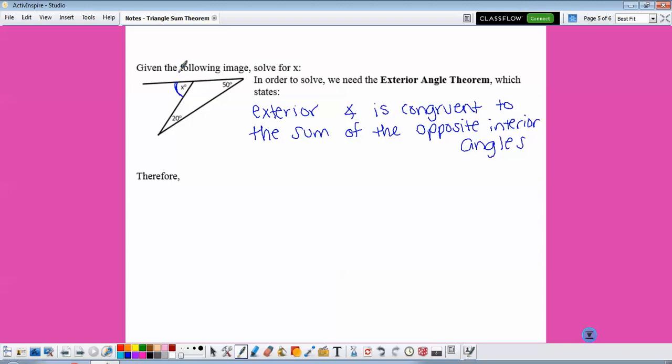So what that tells us is the exterior angle, in this case x, has to equal the sum, remember that sum means add, the two interior angles across from it. So 20 degrees plus 50 degrees means that outside angle must be 70 degrees.